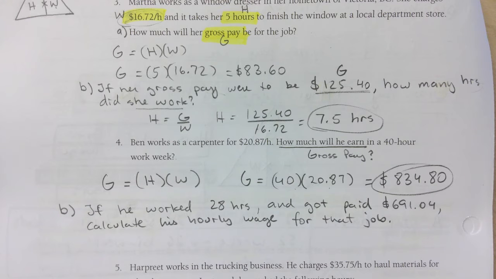Now, I don't know about you, but I've worked jobs where I got paid to do the job. It wasn't an hourly thing. It was just like, okay, if you get this done, we'll pay you $1,000, right? I would work like crazy just to get it done. But at the end of the day, I always took my money and divided it by the hours I put in because I want to know, do I make a decent amount per hour, right?